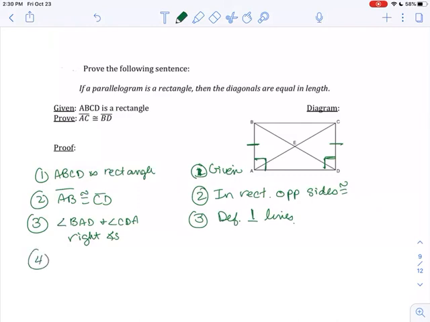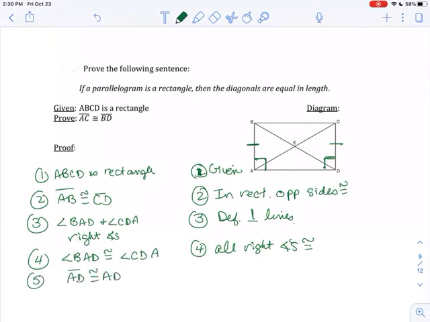A rectangle has those lines perpendicular. You could also probably just say in a rectangle, the angles are right angles. But since they're both right angles, you know they both equal 90, they have to be congruent to each other. So angle BAD is congruent to angle CDA because all right angles are congruent.